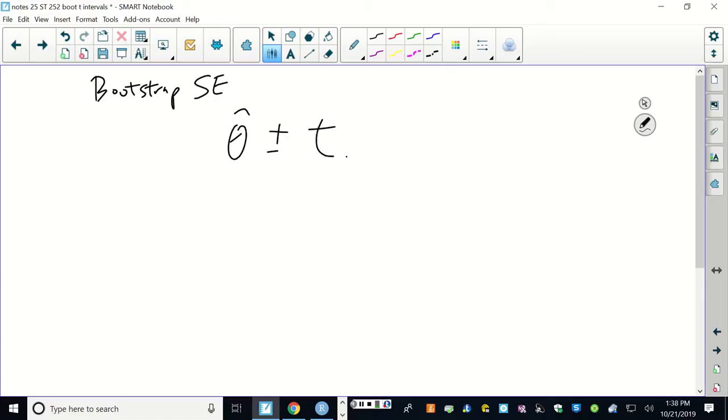Our book gives the notation alpha over 2 for n minus 1 times standard error. And mostly this is thinking about a mean, kind of mimics what we do for a mean. And the standard error is from that same bootstrap sample.